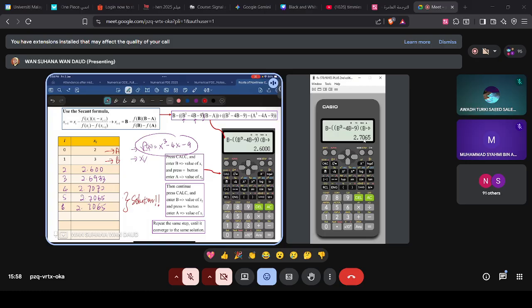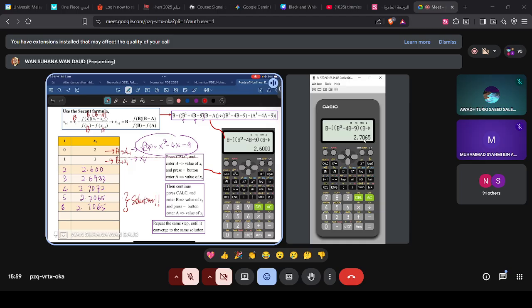The A is the xi minus 1, the B is the xi. So you substitute the formula: the xi is B minus FB times B minus A over FB minus FA.